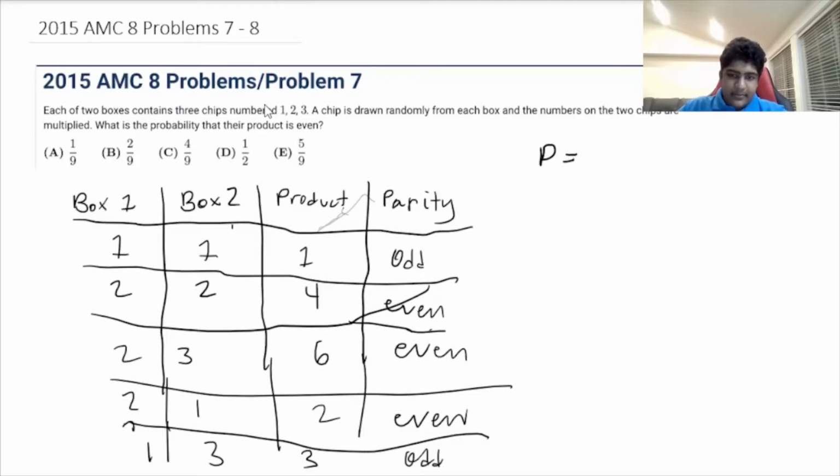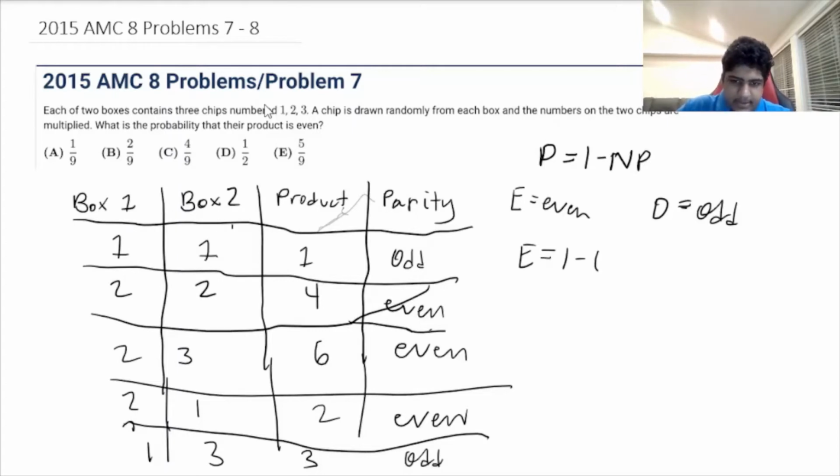Well, we can calculate P by taking 1, which is all of the outcomes, minus the probability that P doesn't happen, which I'll denote as NP. So in this case, let's denote the probability of even as E, and the probability of odd as O. So we know E is equal to 1 minus O.